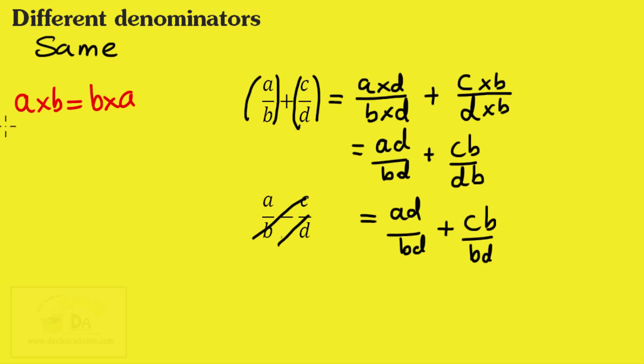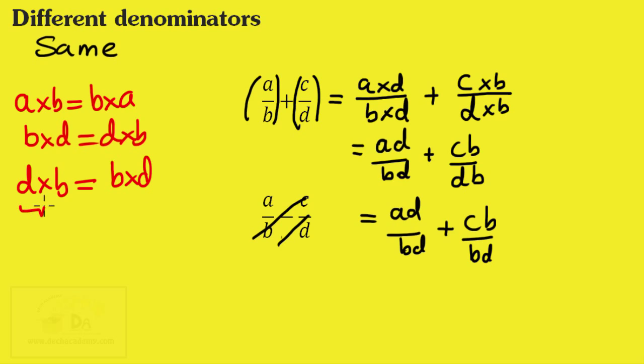So B times D is the same thing as D times B. So D times B, which is DB, is the same thing as B times D, which is BD. So we change DB to BD so that we can have the denominators looking exactly alike.